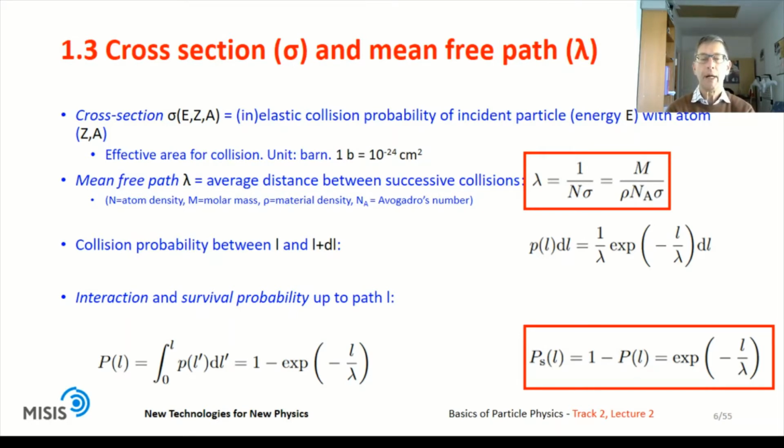So the incident particle is considered a point-like particle, and the atom is a sphere-like particle, and so the probability is the surface of the cross-section of this ball.